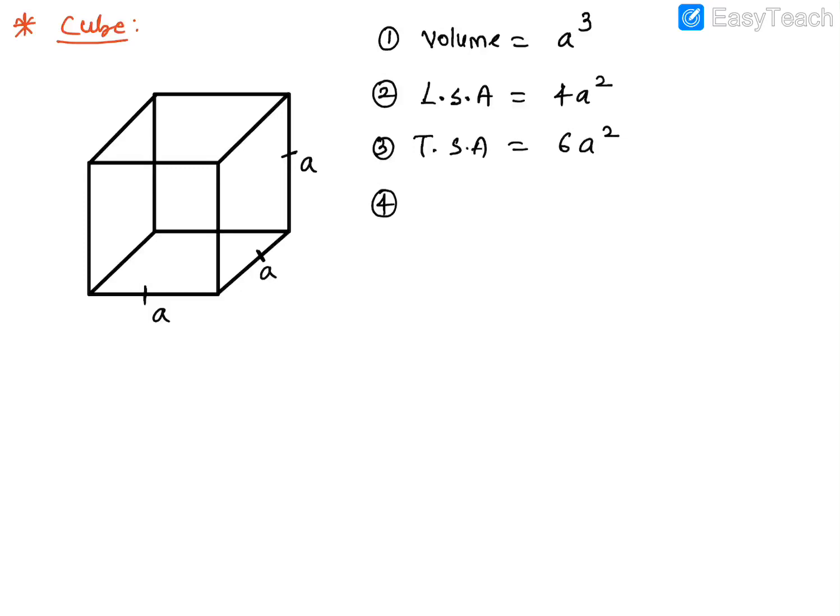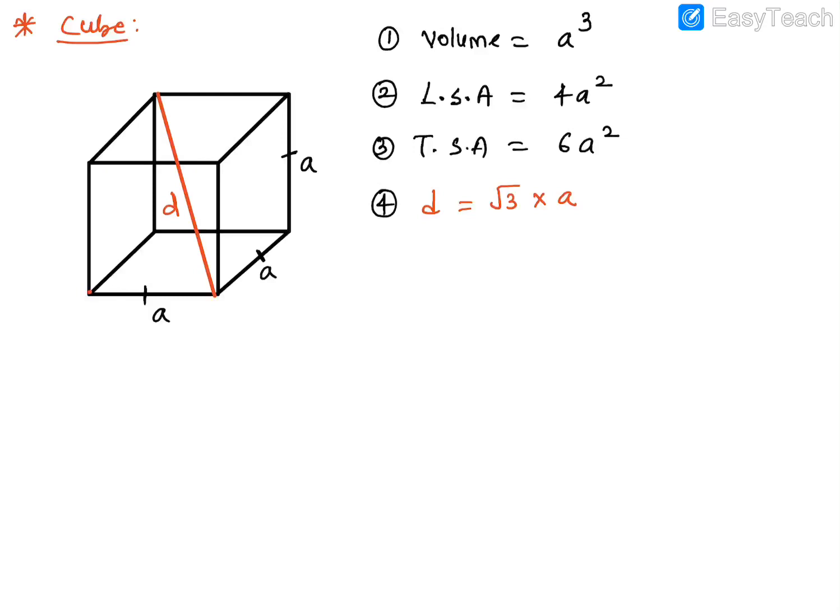Fourth one, what will be the length of the longest diagonal? If you remember the longest diagonal, I'll just mark it here also, starting from one corner till the other corner. So the length of this longest diagonal, how will we find it? d is equal to root 3 into a, or root 3a.